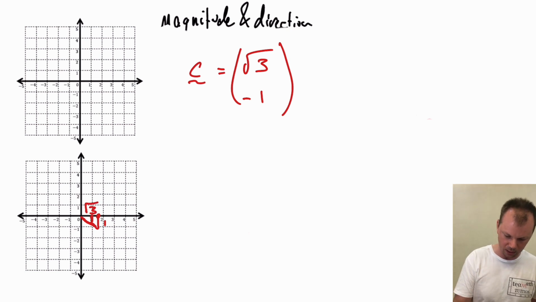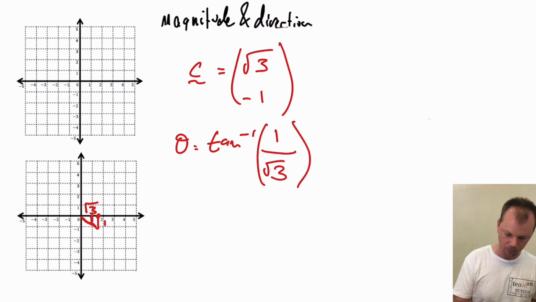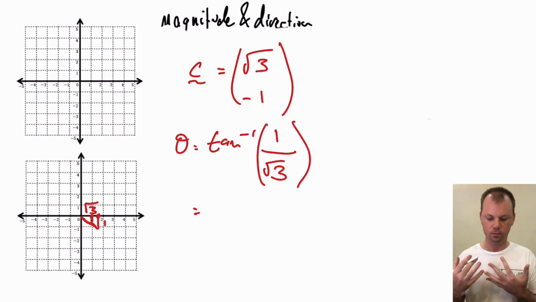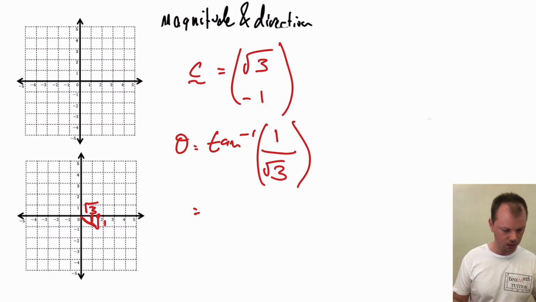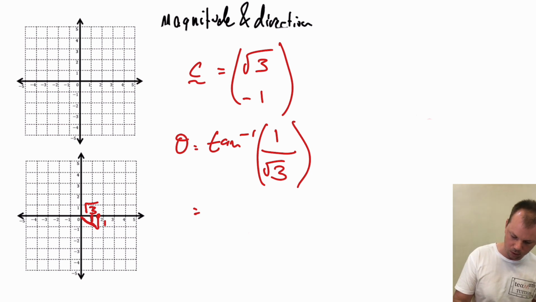So when I'm calculating my theta, we've got the opposite is 1 over √3. Now, if you know your unit circle really well, you'll be able to tell me what that is. If you don't, you can just pop it into your calculator, making sure that you enter it as √3 and not the approximation, because then you'll get the exact value and you get 30 degrees.